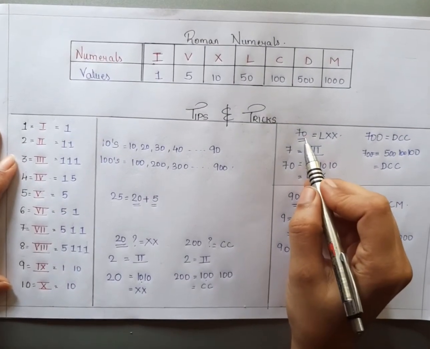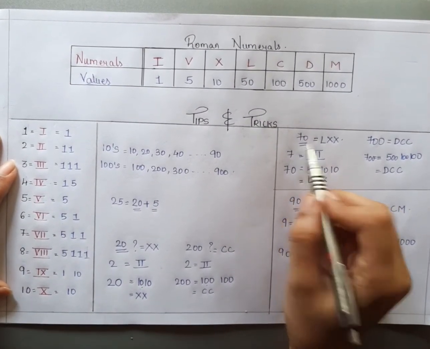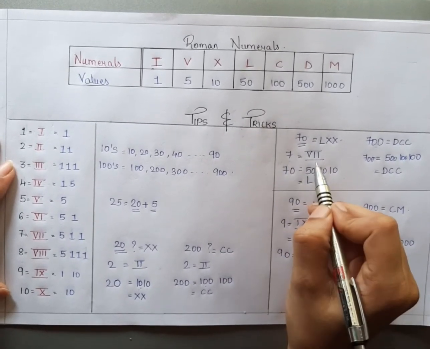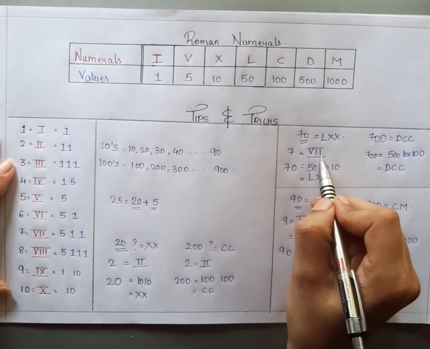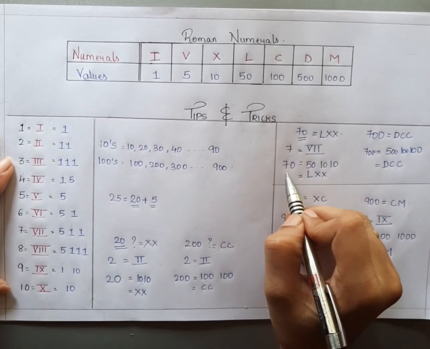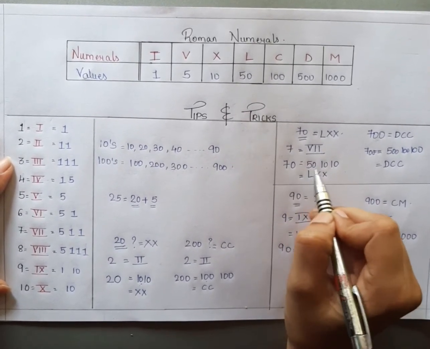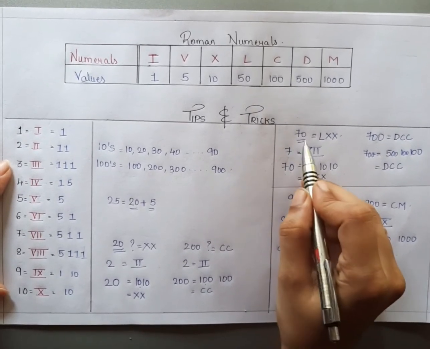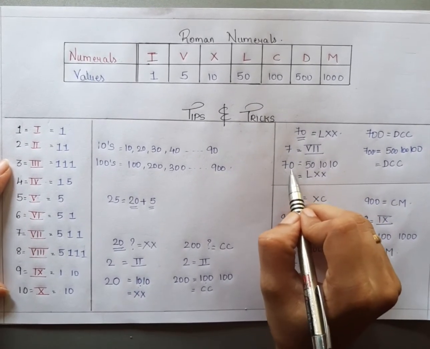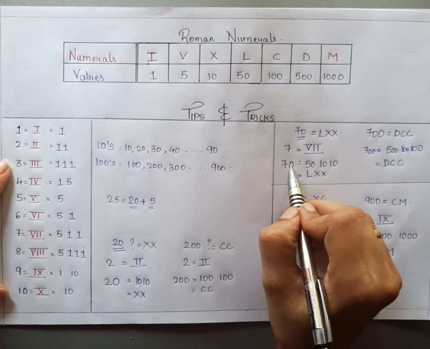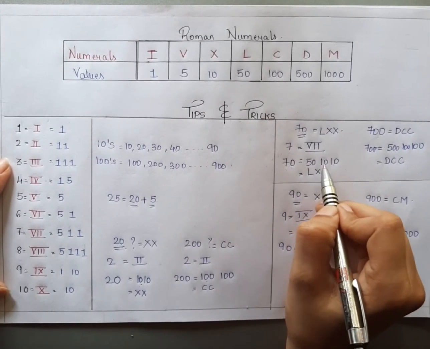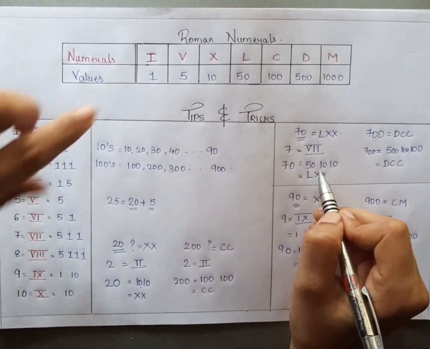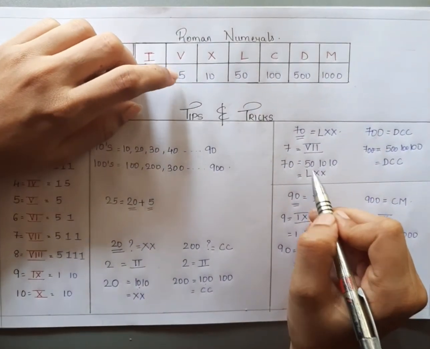The next example I have taken is 70. Here I have written 7. What is the Roman numeral of 7? It is VII. So what I did was write 7 first and then 5, 1, 1. This 7 got converted into 70 because we were talking about 70, so I just put the 0 over here. The same effect goes on the right hand side. Put zeros on all the digits and then replace them with the Roman numerals.